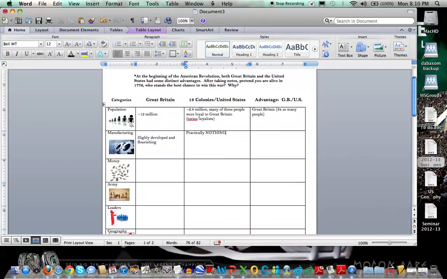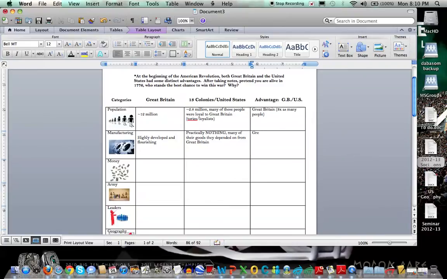There was very little organization in United States factories. They couldn't produce goods at a quick level, and in fact, many of their goods they depended on from, guess where? You got it, Great Britain or maybe other parts of Europe, but they really didn't have any of their own.